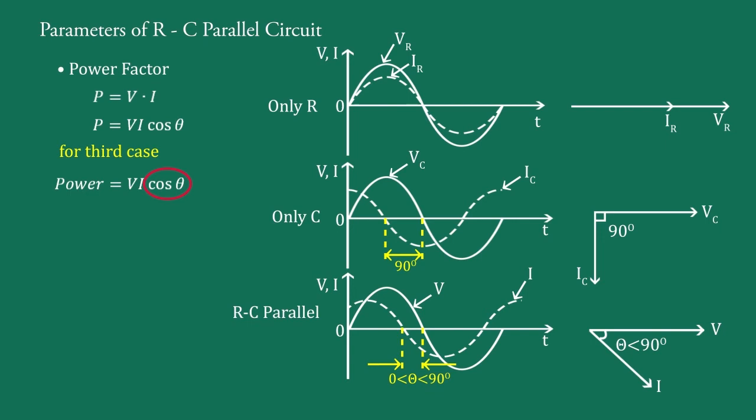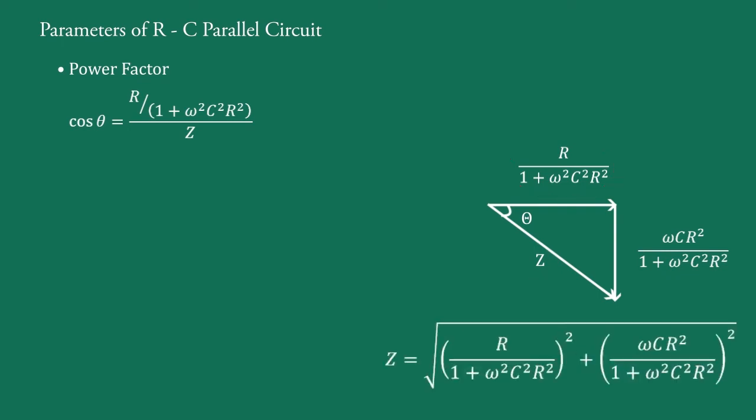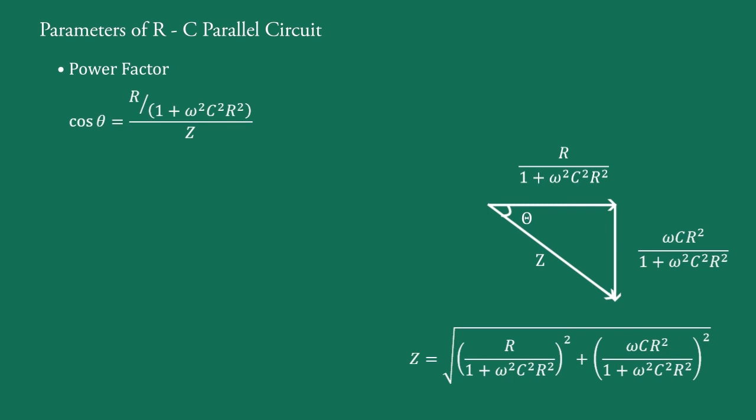The value of theta can be determined using impedance triangle in this way. Cos theta equal to nearby side of the angle upon hypotenuse. That is equal to, here nearby side is R upon 1 plus omega square C square R square, and hypotenuse is Z, and therefore cos theta equal to this. From phasor diagram, Z equal to this one.